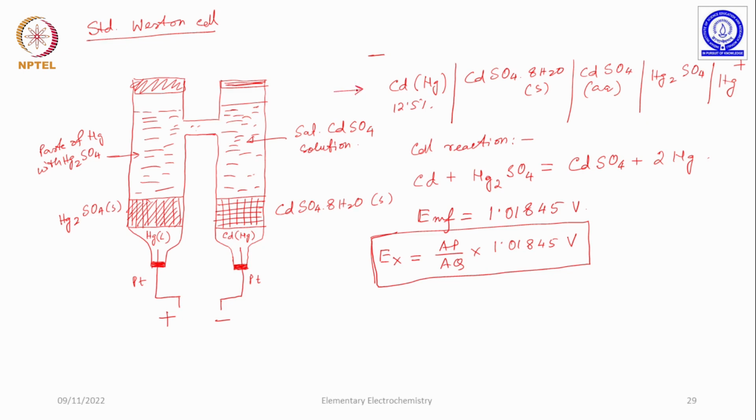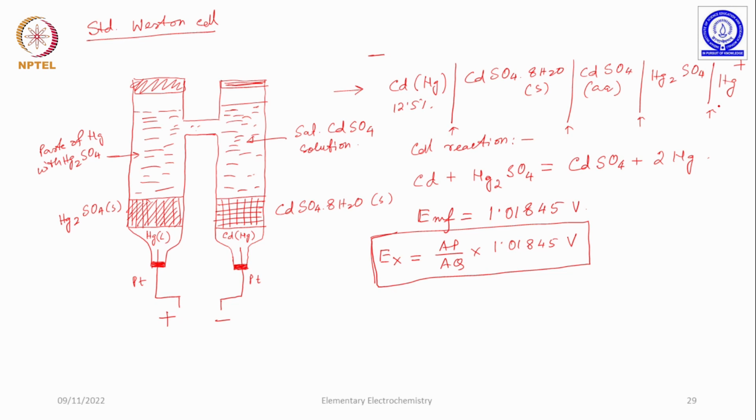You should always remember that the negative electrode is always on the left hand side and the positive electrode is always on the right hand side. Remember that we have written some lines. These lines mean something, and at some point we will use a single line and double line.